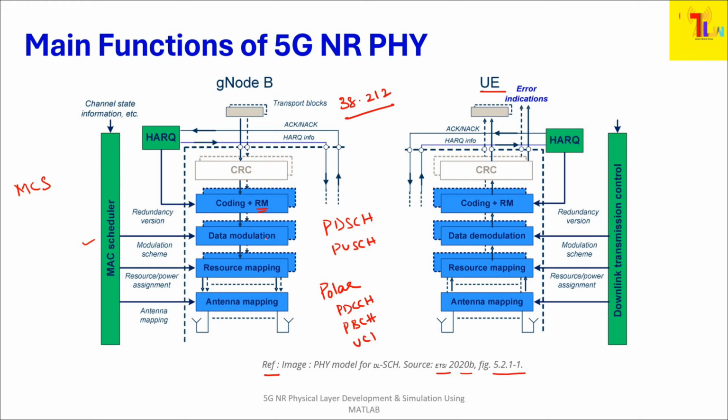Then the data modulation part comes into the picture, wherein the coded bits are mapped to symbols through the different kinds of modulation techniques adopted in 5G NR, like QPSK and QAM. In QAM, we have 16 QAM, 64 QAM, and 256 QAM.